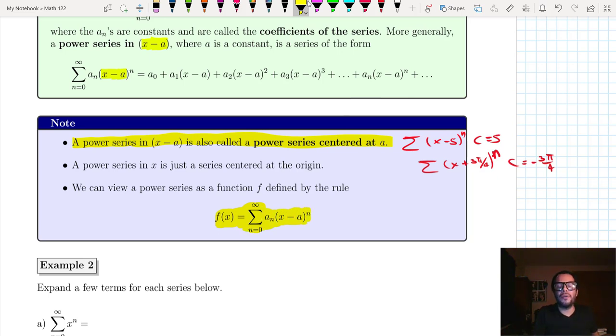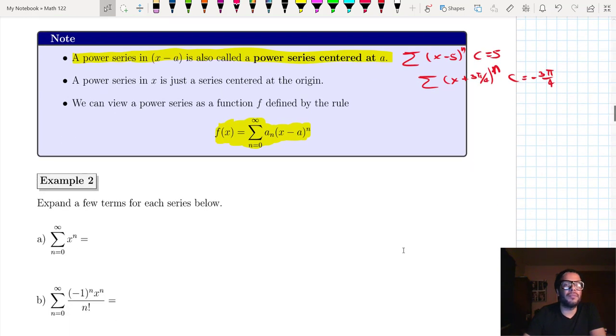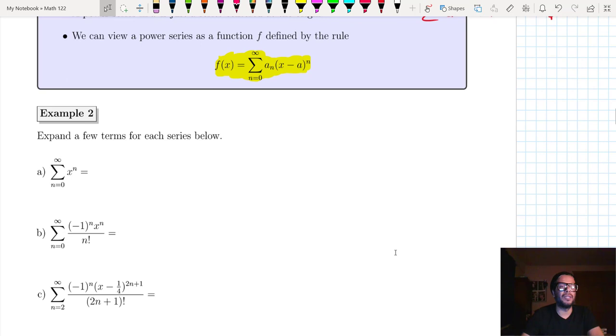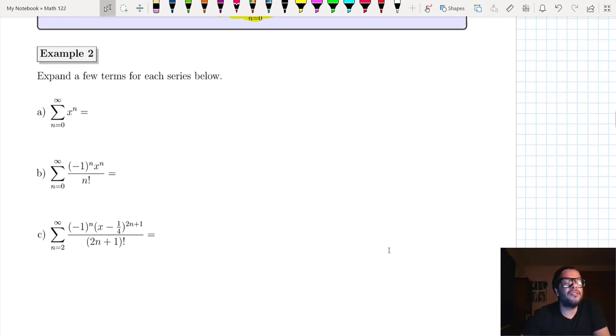As we go through the different examples, and when we look at the next section, by the way, we're going to look at different lower limits and make a very interesting connection between this section and the following one. All right, so let's just have fun and play with these power series.